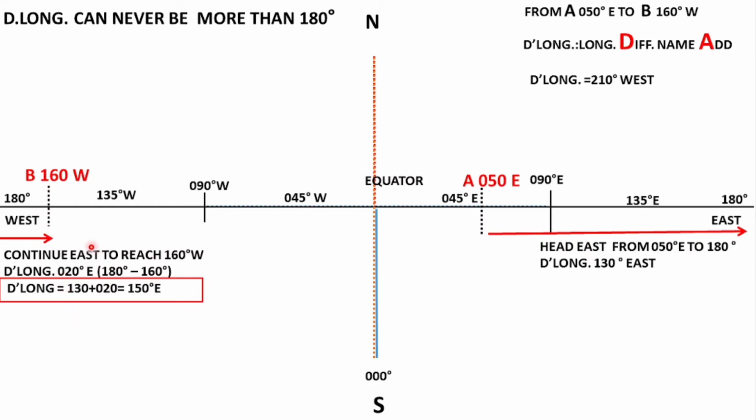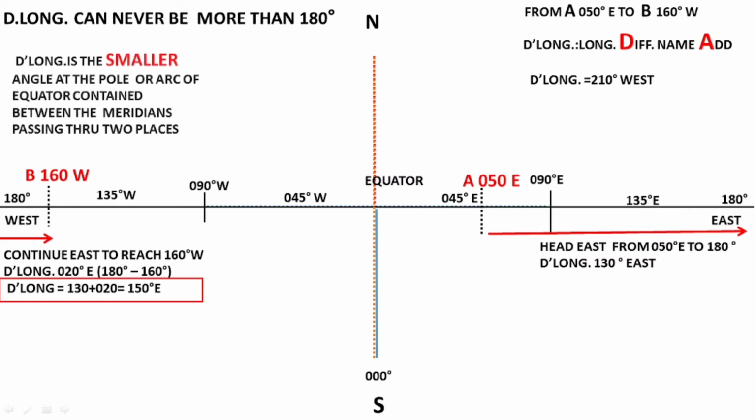So the total D.LONG I will do is 150 east. So instead of going 210, I think everybody would prefer to do 150, crossing 150 degrees of longitudes. So this is wrong. Whenever you have a D.LONG more than 180, it should ring a bell in your head that D.LONG can never be more than 180.